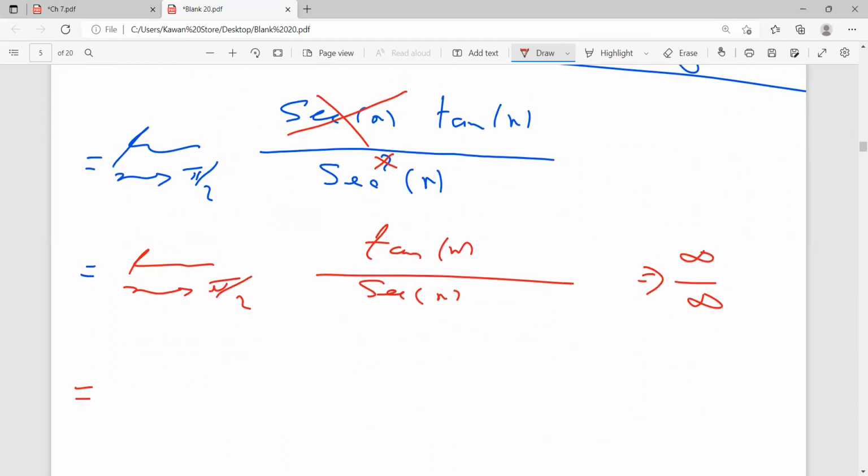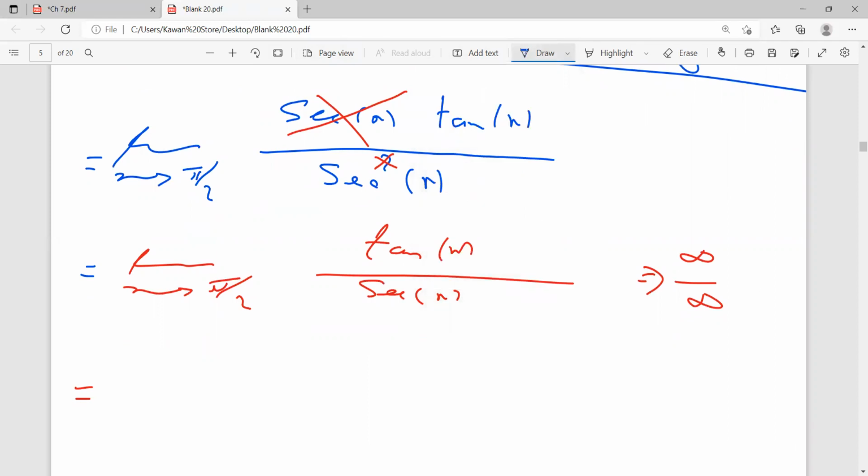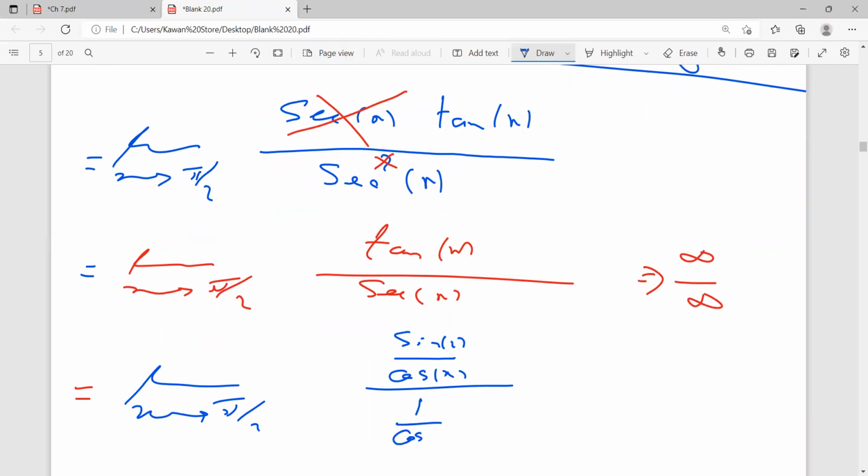Okay. Let me do something else. Tan is equal to sine over cosine. Okay, sine squared. So we have sine over cosine. Maybe there's something to do. And here we have 1 over cosine. Why cosine squared? No square, right?